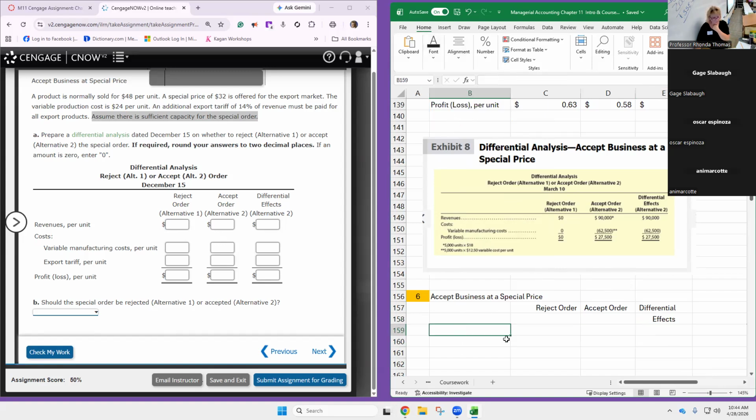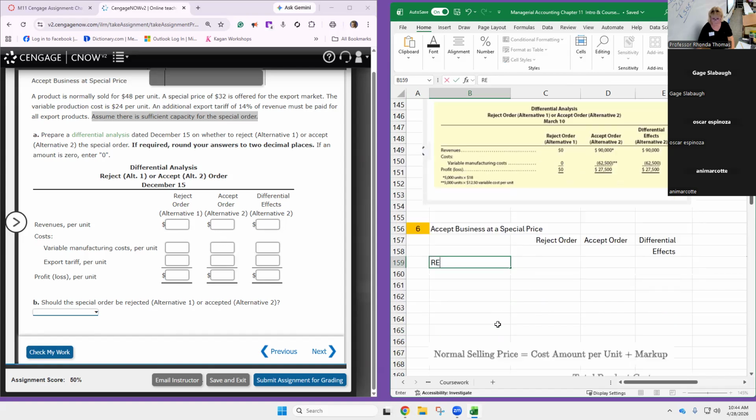Okay, we want to start off with revenues. And then we have costs. And then variable costs. Variable manufacturing overhead per unit.